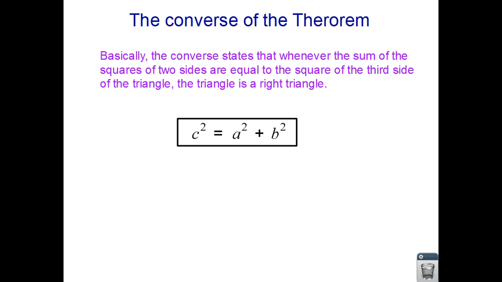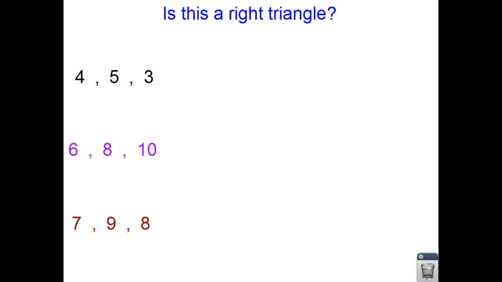All right, so basically the converse states that whenever the sum of the squares of the two sides are equal to the square of the third side of the triangle, this triangle is known to be a right triangle. So again, substitute and check. If the left side is equal to the right side, it is a right triangle. If they are not equivalent to each other, it's just a regular triangle. You know, it's not a 90-degree triangle.